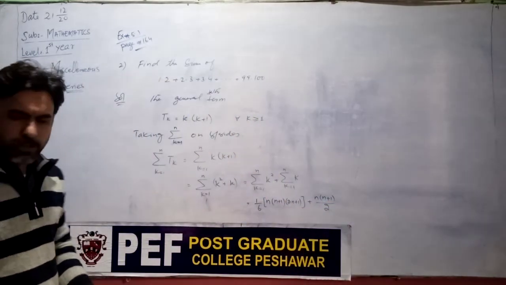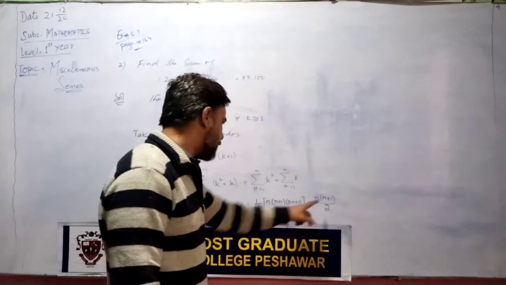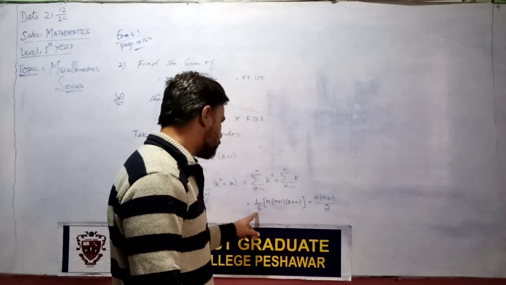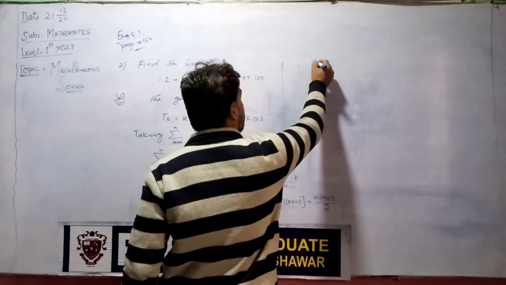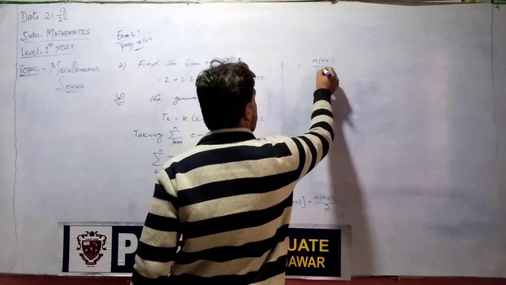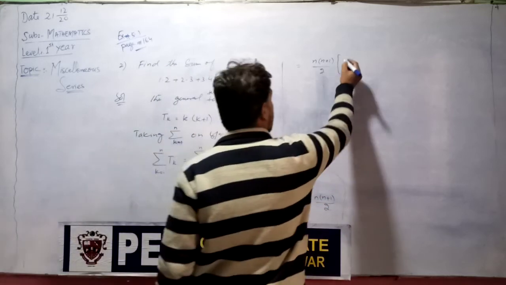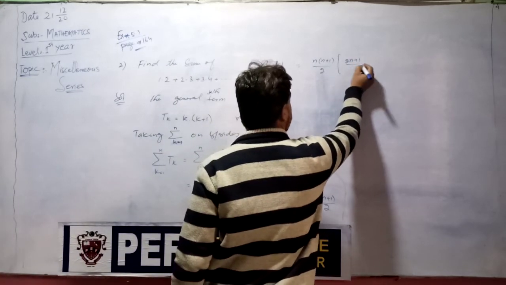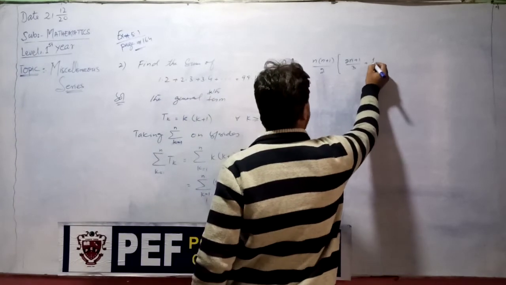Now we simplify this. You see that n into n plus 1 divided by 2 is common. Here you will be left with 2n plus 1 divided by 3, and here you are left with 1.